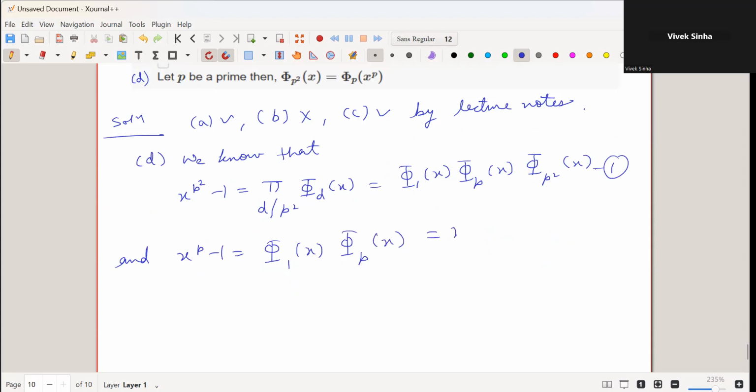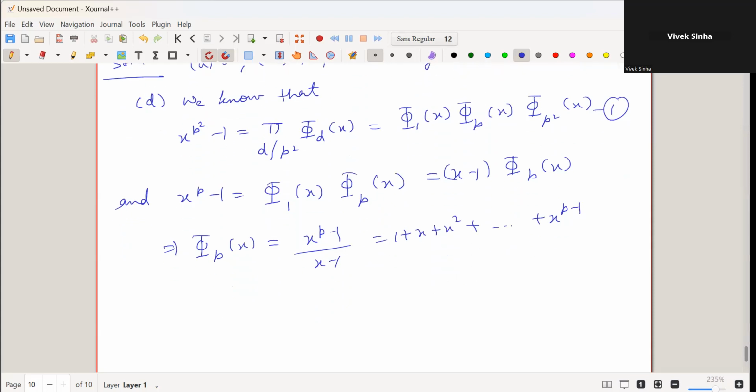So what is phi 1 of x? This is x minus 1, and this is phi p of x. So this implies phi p of x is nothing but x^p minus 1 divided by x minus 1, which is 1 plus x plus x^2, and so on up to x^(p-1), right?